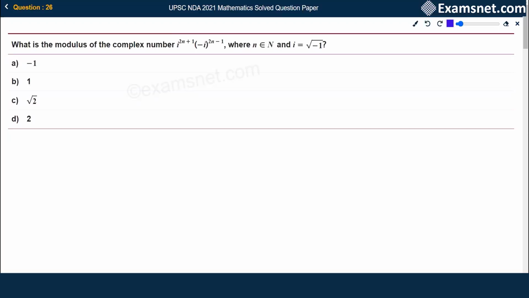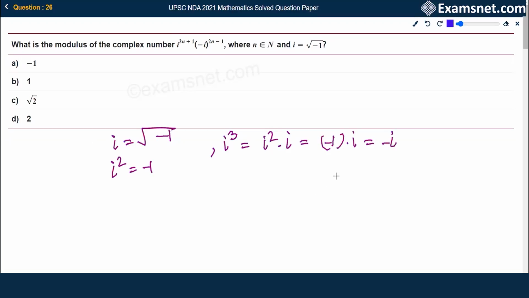Okay, so we already know the value for i, that is root under minus 1, correct? That means i square will give us the value minus 1. i cube can be written as i square multiplied by i, so minus 1 times i, minus i. This way we can find the value of i with different exponential powers, correct?